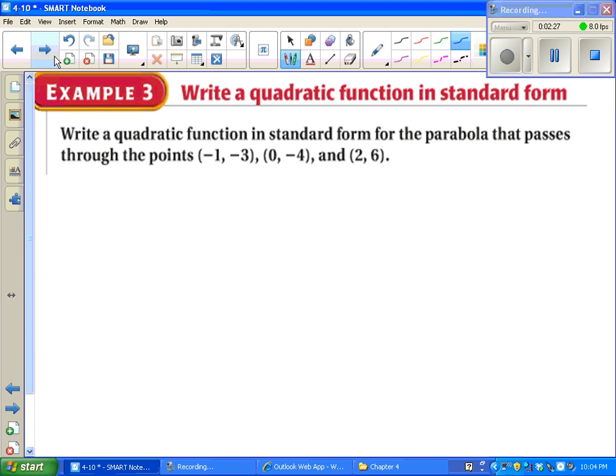Next one's the longest one. We're given 3 points. This is actually a little bit annoying if you think about what's going on in standard form. We can plug in these x and y values 3 different times. So let's look at what that would do.